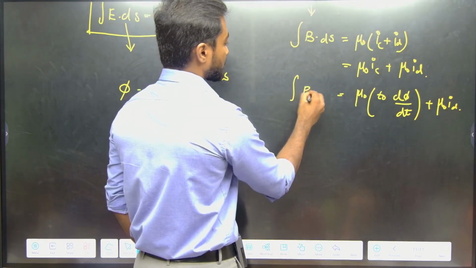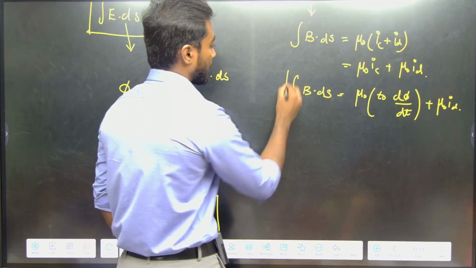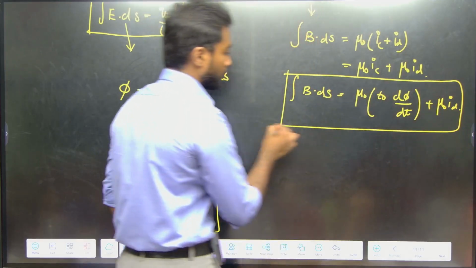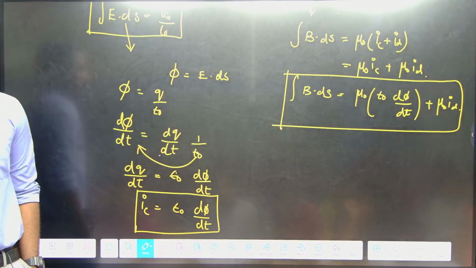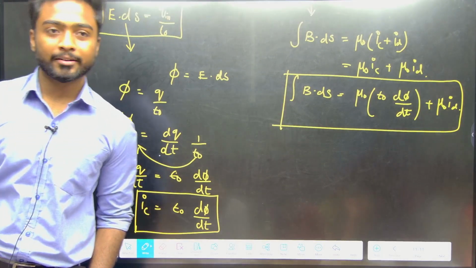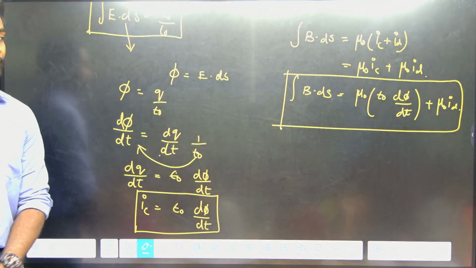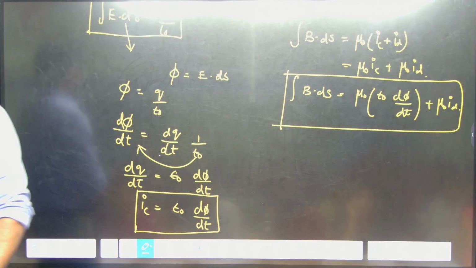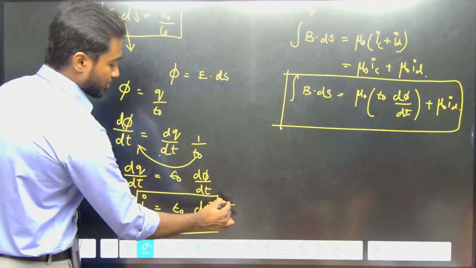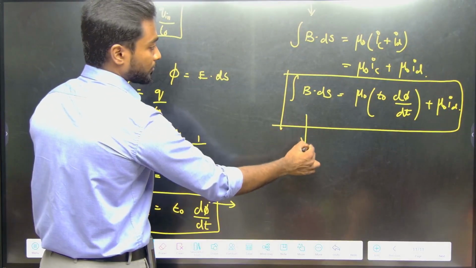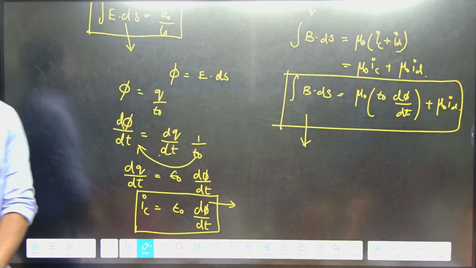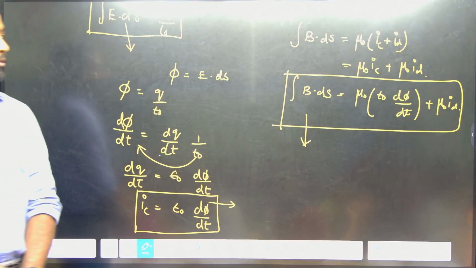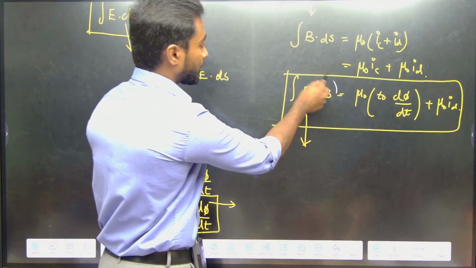So this is the other formula in terms of Ampere circuit law, that is magnetic field or magnetic flux. So this is due to the electric flux and this is due to both electric flux and the magnetic flux. This total term is magnetic flux, right? B dot ds.